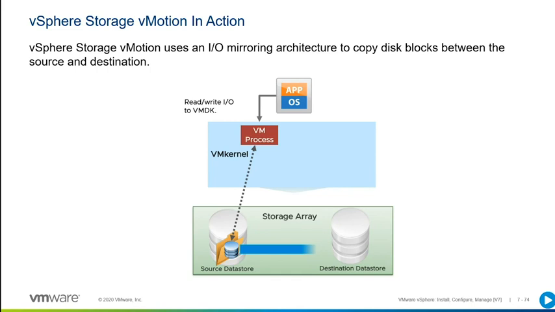If you are moving virtual machine files within a storage array, it depends on whether or not that particular storage array supports an API from VMware called the vSphere API for Array Integration that allows ESXi to send a command to the storage array that says, copy these blocks from one location to another location within that same array.